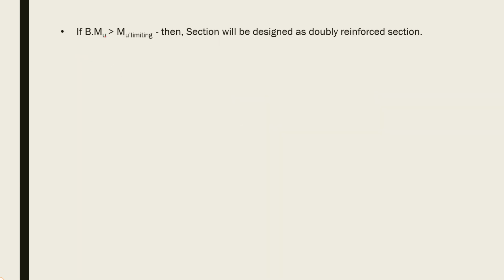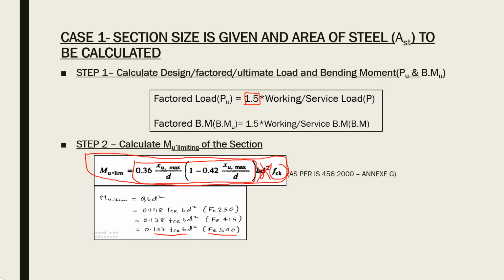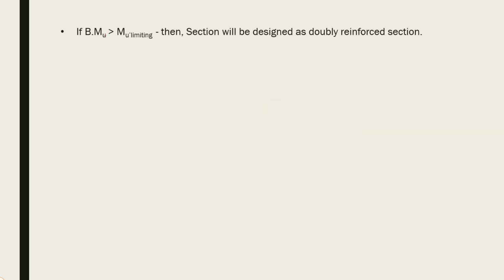If the factored or ultimate bending moment which you calculated in step 1 is more than the Mu limiting which you calculated in step 2, then the section will be designed as doubly reinforced.